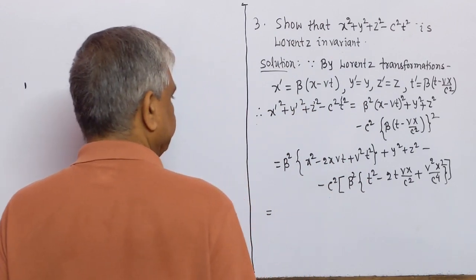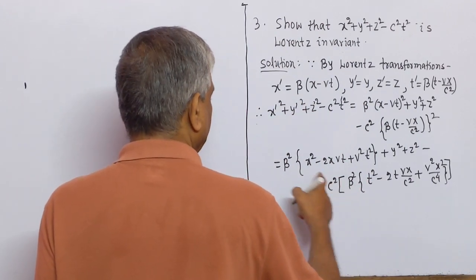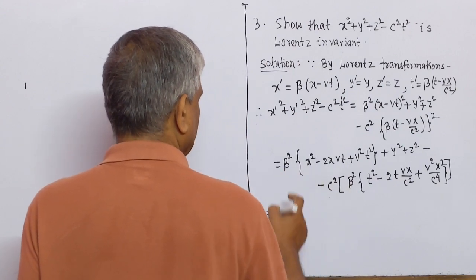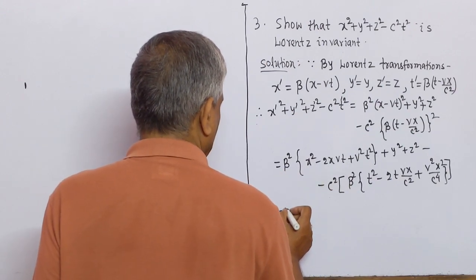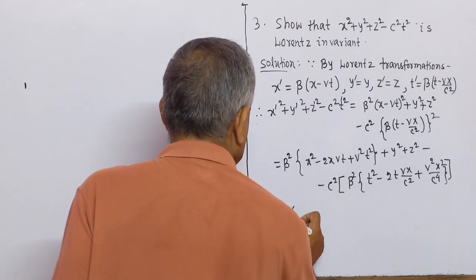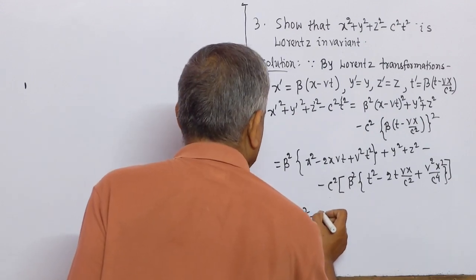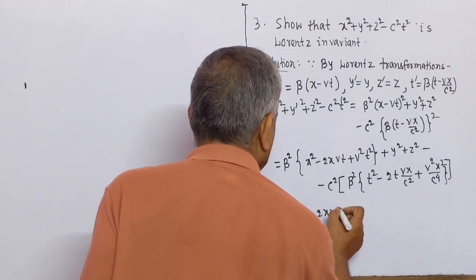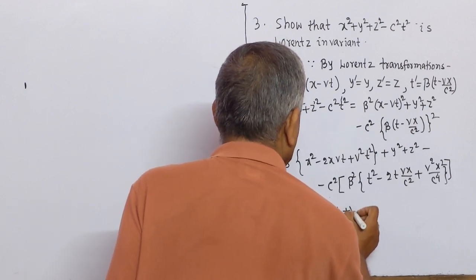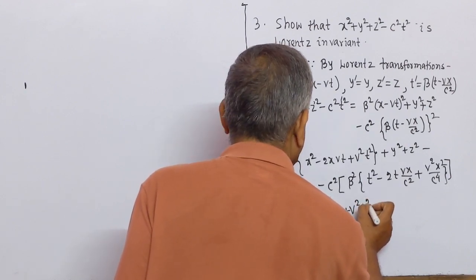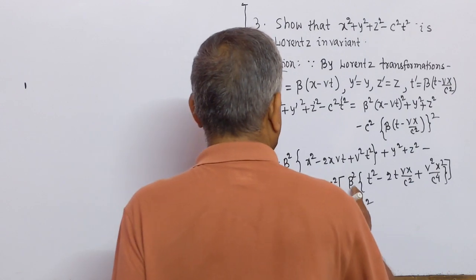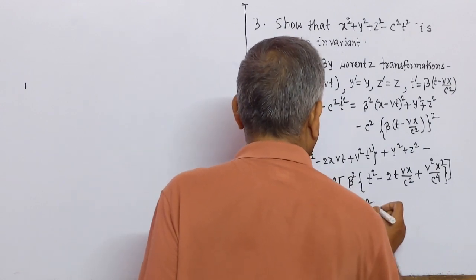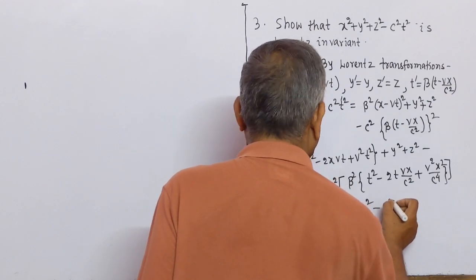This equals, we take common beta square from this and this: beta square times x square minus 2x vt plus v square t square, and here minus c square t square.